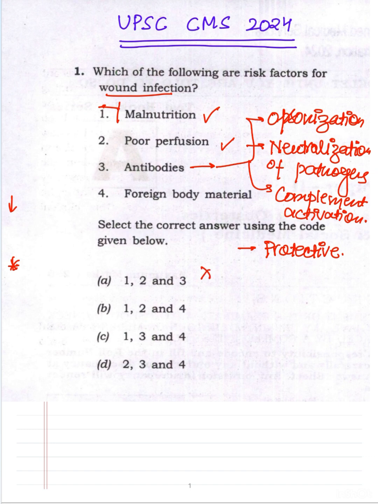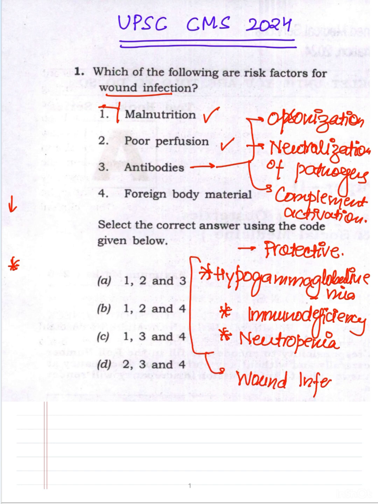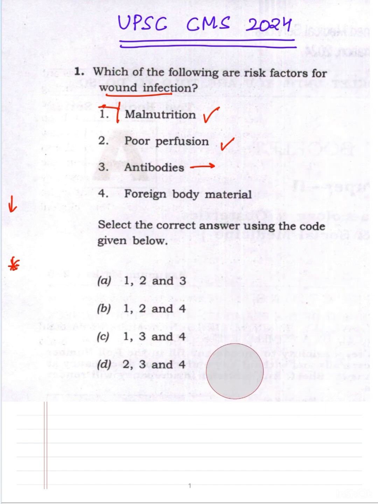So certain conditions like hypogammaglobulinemia, immunodeficiency, or neutropenia, they all lead to wound infection. So the third option is incorrect.